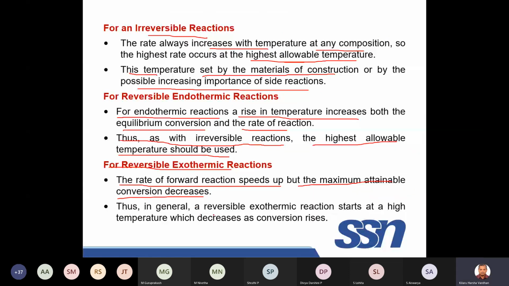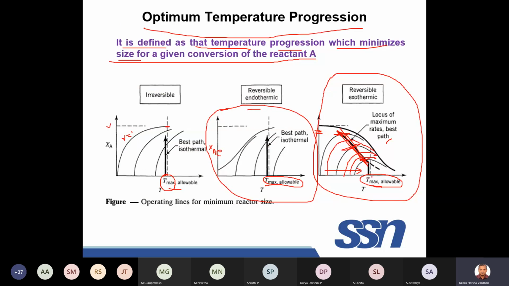Thus, in general, a reversible exothermic process starts with a high temperature, which decreases as the conversion rises. Now you see, you start with a high temperature till this particular point, then it starts decreasing, so that your conversion, you can see here, the conversion at this particular point is here. If you go on in this particular way, the conversion will go on decreasing. So you have to go in this path.